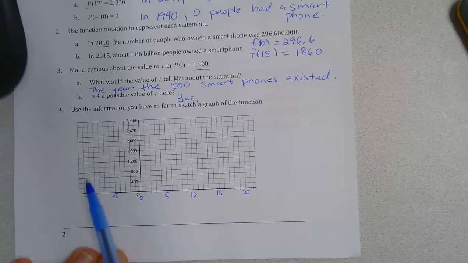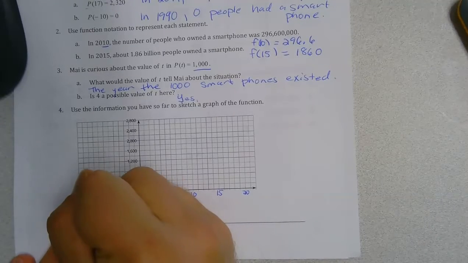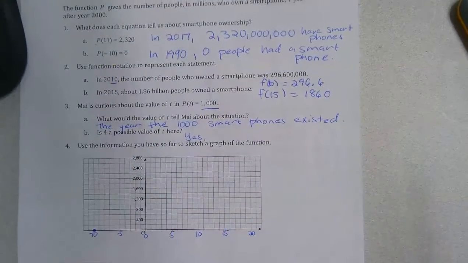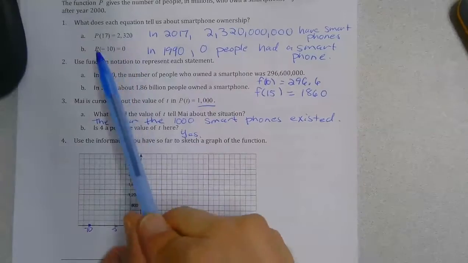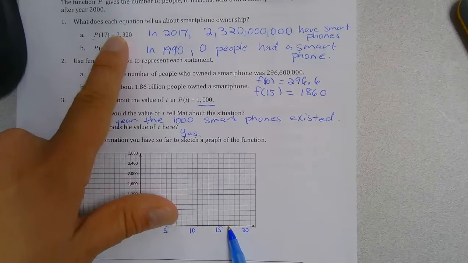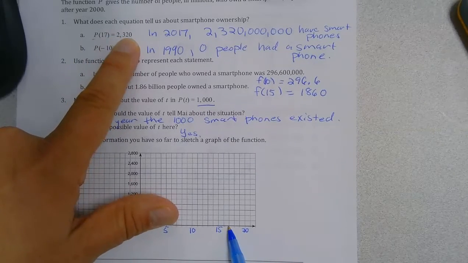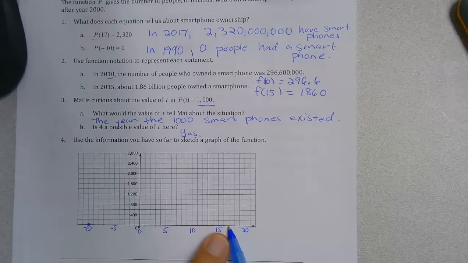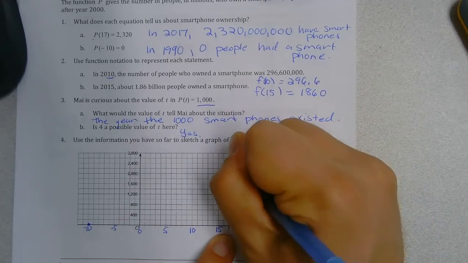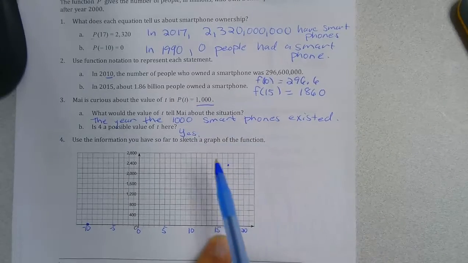And to make that graph, we know in 1990, which is P of -10, it's 0. And then we can put P of 17. So here's 15, 16, 17. So in 2017, we go to 2,320 million, which would be about right there.